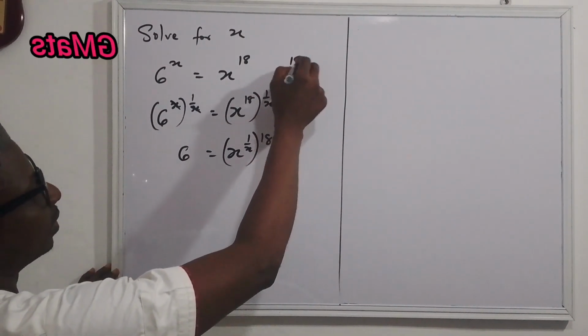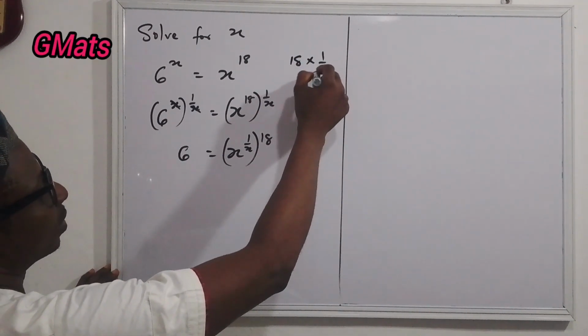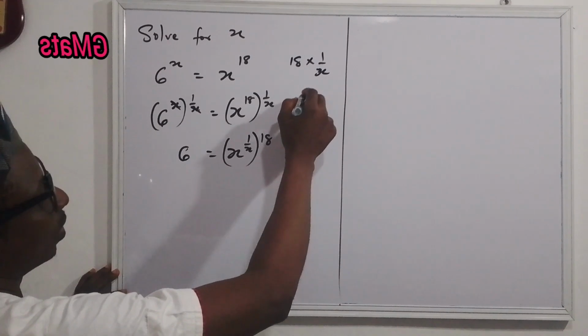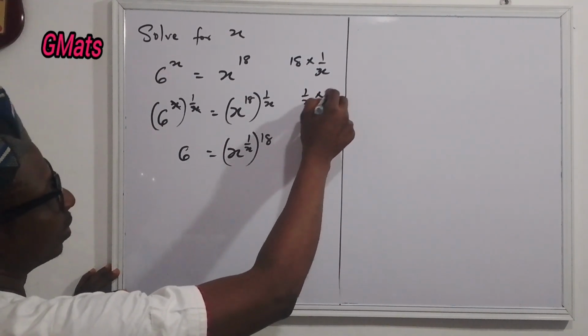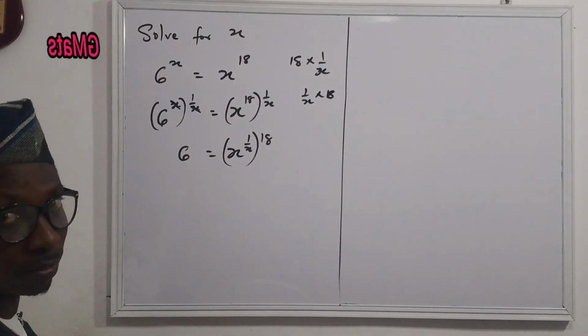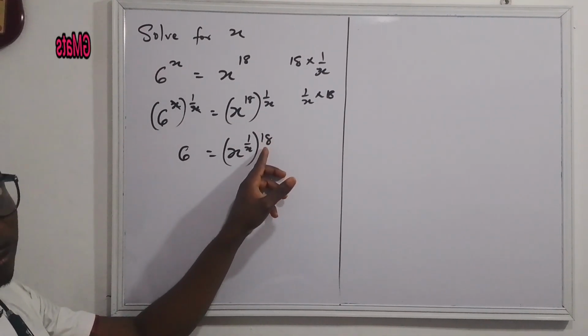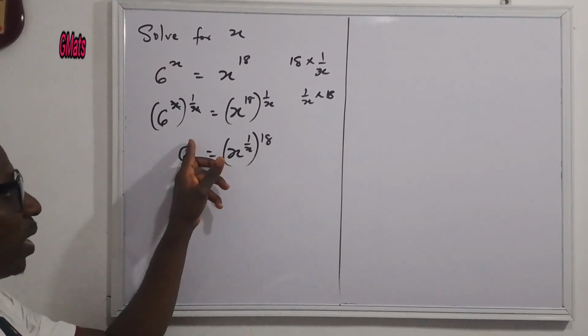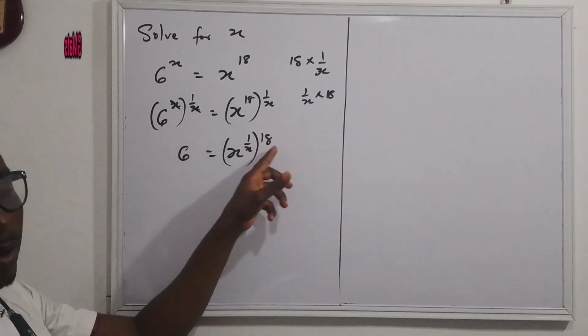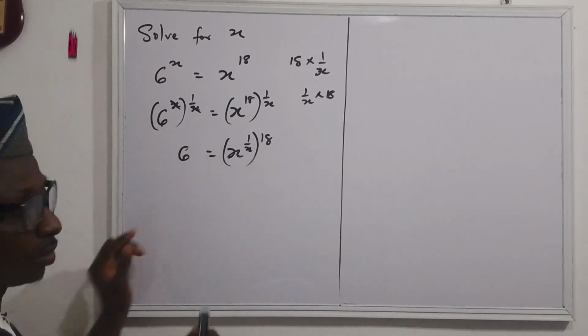Now, 18 times 1 over x can be expressed as 1 over x times 18. Multiplication is commutative, okay? So now the next thing is to get rid of this 18 here. So I'll multiply each of these powers by 1 over 18. Okay, let's do that.